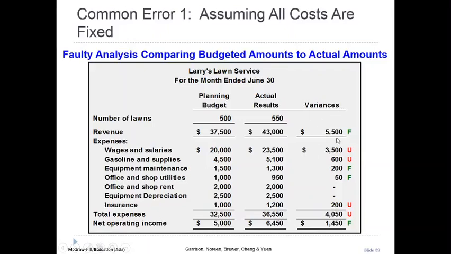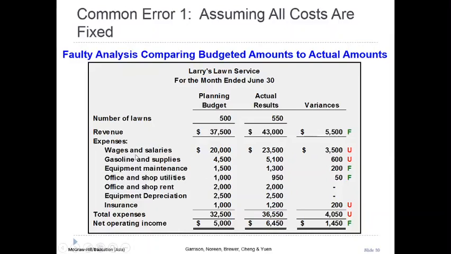The variance could give us an unrealistic performance, because wages and salaries, gasoline and supplies shouldn't be fixed costs, because the more lawns we mow, the more expenses will be incurred.